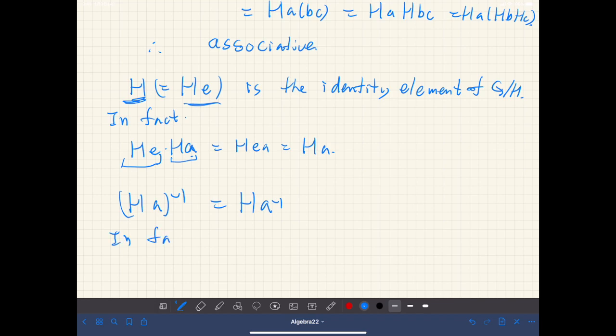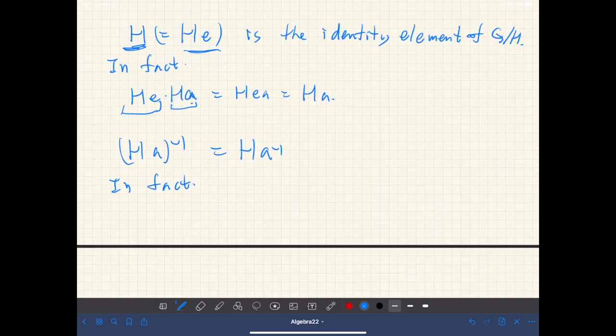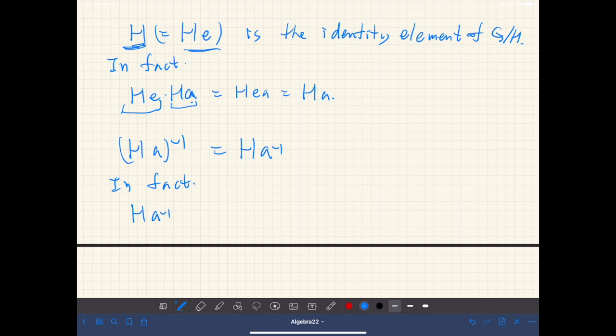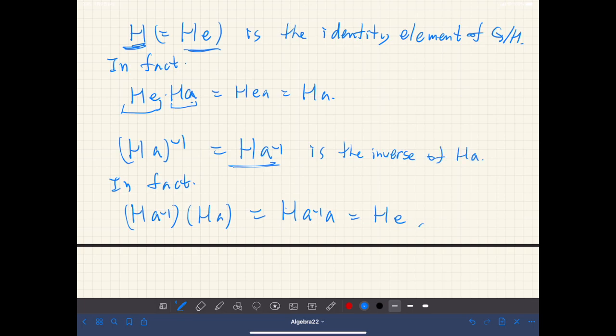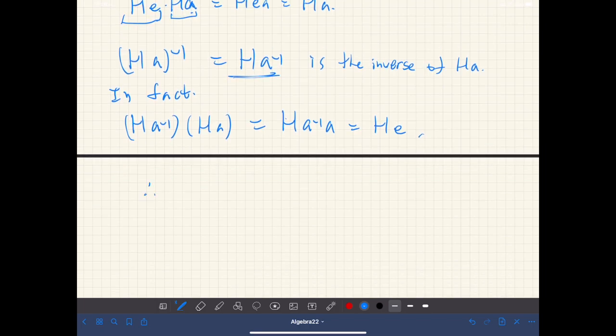In fact, H A inverse times HA is by definition of multiplication, this is H(A inverse A), but this is E, which is the identity element. Therefore, this is the inverse of HA. Okay. Therefore, G by H is a group.